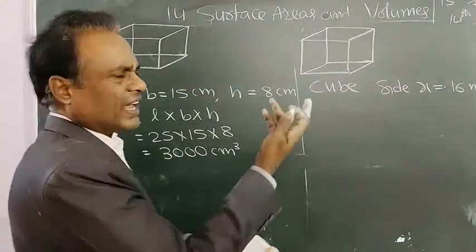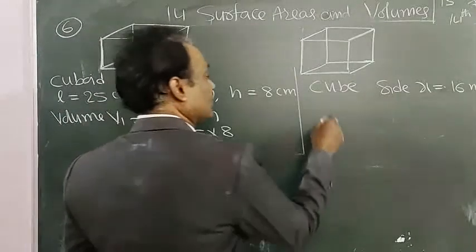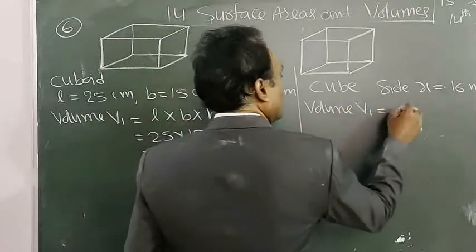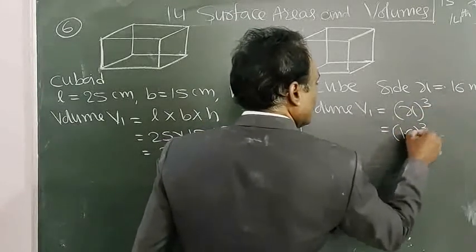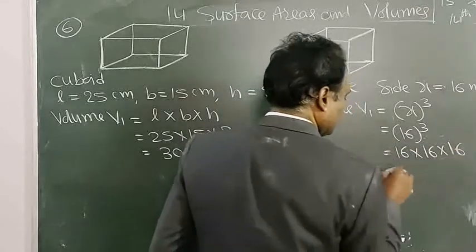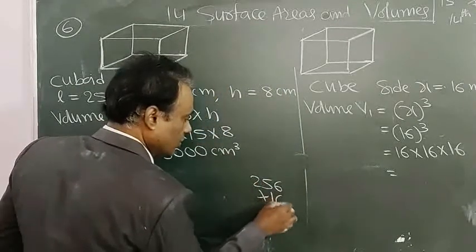For cube, only one dimension, because in a cube all sides are equal. So only one dimension, that is 16. So volume is, volume of the cube formula x cube, that is 16 cube. That is nothing but 16 into 16 into 16. 16 into 16 is 256, into 16.